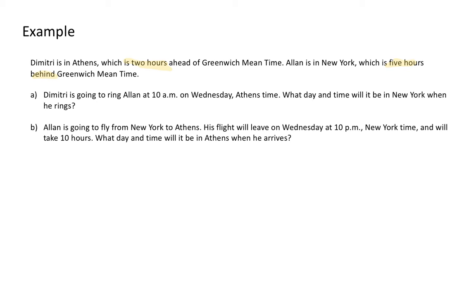So here they're giving us the time zones, but they're not specifically telling us it's +2 and -5. They're telling us how many hours ahead of or behind GMT. So we should make a note that Athens is going to be 2 hours ahead, so that's +2, whereas New York is 5 hours behind, so it's going to be -5, because that's information that's going to help us when we come to answer the question.